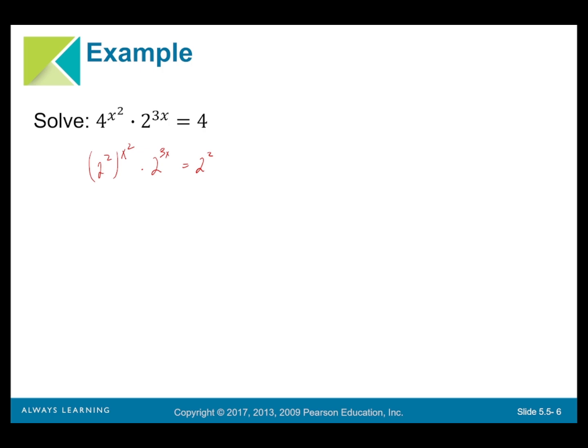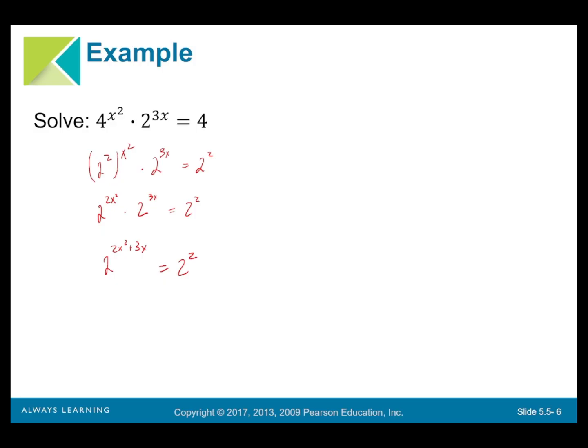That means I have 2 to the 2x squared times 2 to the 3x equals 2 squared. Now I can use my exponent rules and add the two exponents on the left-hand side. I have 2 to the 2x squared plus 3x, and that equals 2 squared.